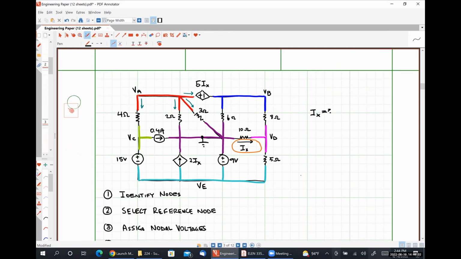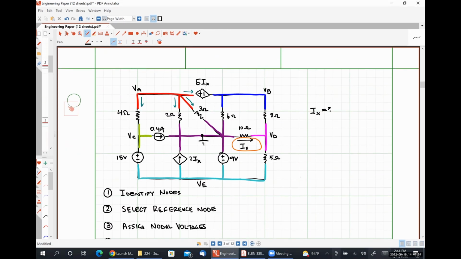And now we're going to have the current that's flowing through our dependent source. And we run into a little bit of a problem here, okay? The problem that we are facing is that we are trying to express the current that is flowing through a voltage source in terms of our nodal voltages. And the problem that we have is that the current that's flowing through a voltage source is entirely independent of the voltage that's being provided by the source, okay?